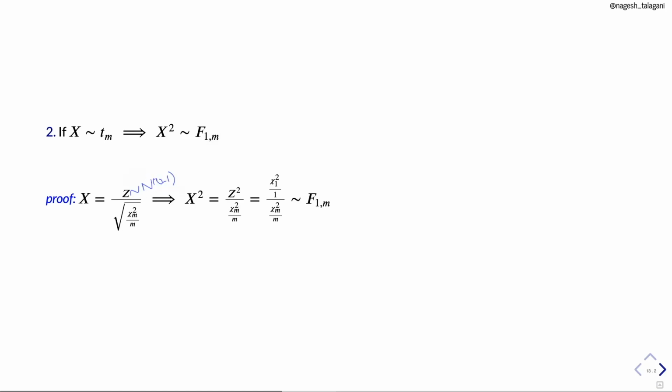Then X squared is going to be Z squared by chi-square m by m. Here Z squared follows the chi-square distribution with 1 degree of freedom, so I can write Z squared as chi-square 1 by 1. So we now have (chi-square 1 by 1) by (chi-square m by m), which follows the F distribution with 1 and m degrees of freedom.